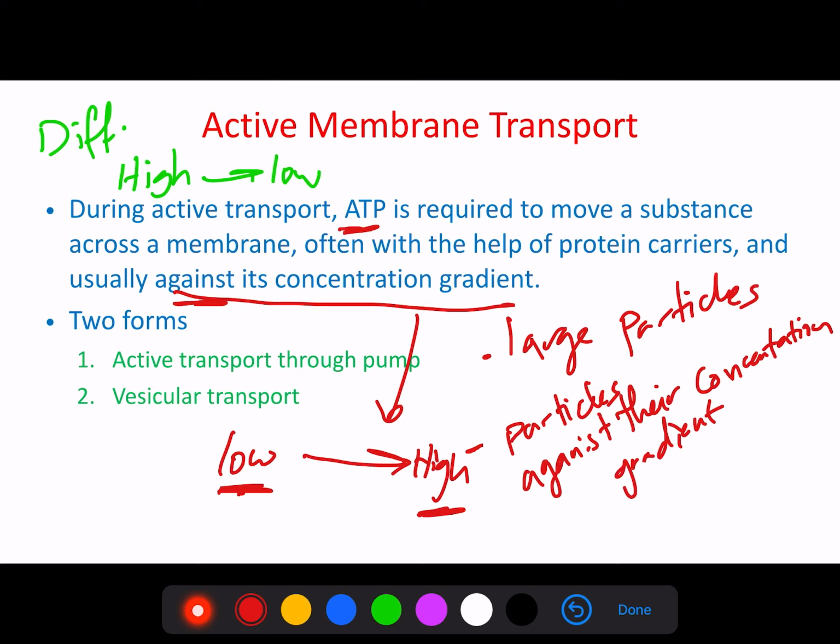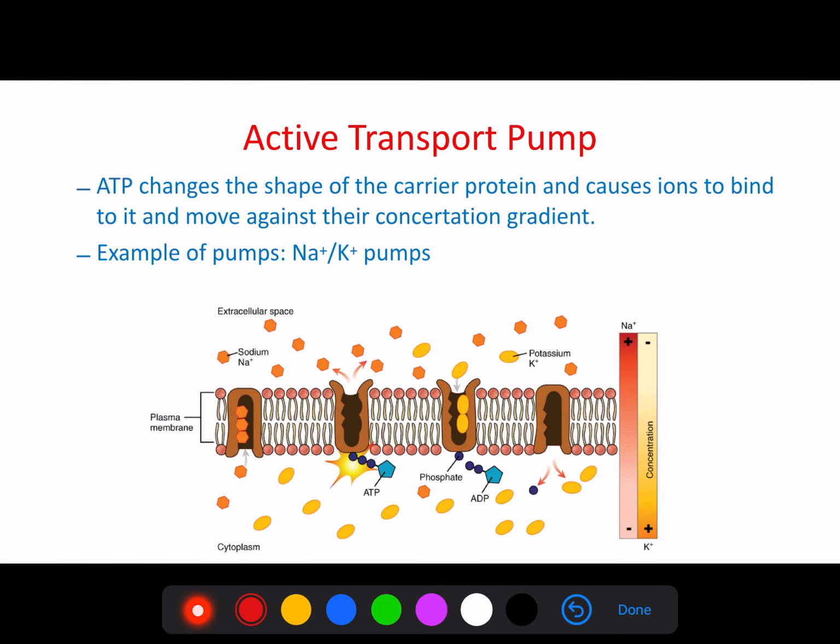For active transport, we have two examples: either through a pump or vesicular transport. For the pump, there are several examples. We will see the sodium-potassium pump. In order to understand it, very briefly, we need to understand that the cell usually prefers to keep the sodium out and keep the potassium in.